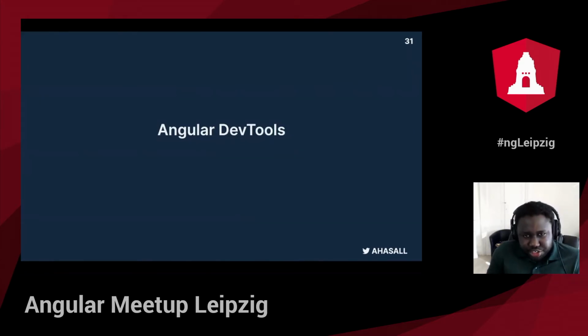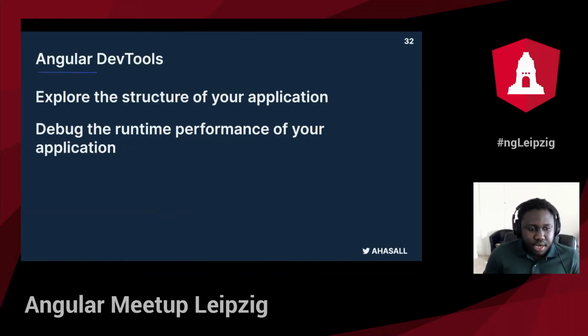Another great addition of Angular 12 is the Angular DevTools, which are the successor of Augury. They are a Chrome extension, so it doesn't work for Firefox, but if you are using Chrome, you can enjoy this great extension that lets you explore the structure of your application and also debug the runtime performance of your apps.